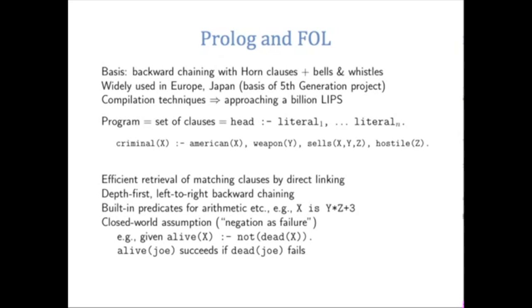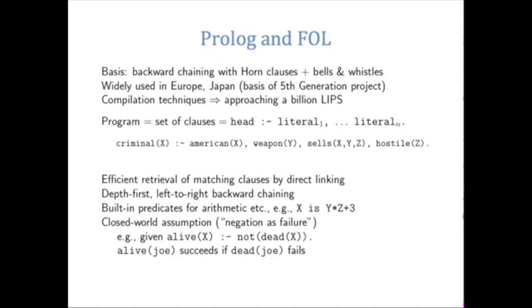So Prolog turns out to be pretty efficient because instead of interpreting everything from scratch, they basically do a kind of compilation where they directly link the terms to each other so they know what's going to match.